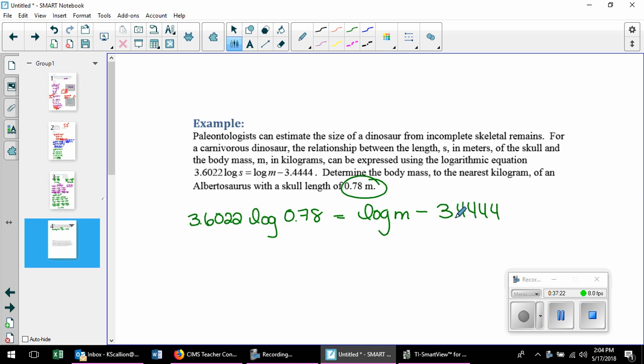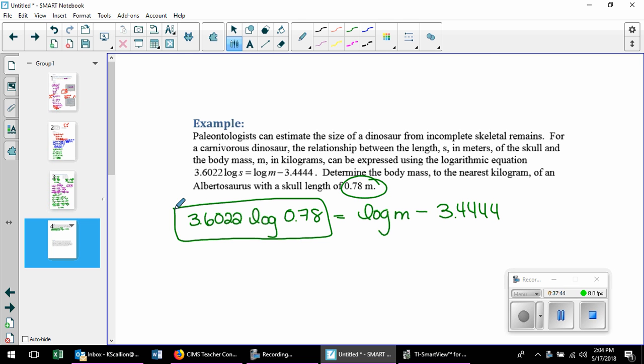Okay, so what are we going to do? We're gonna do some math. You have all the information to evaluate this log. You can do that in your calculator because it's a base 10.